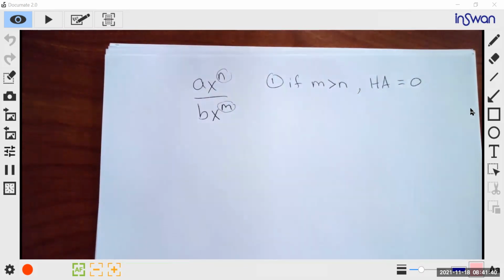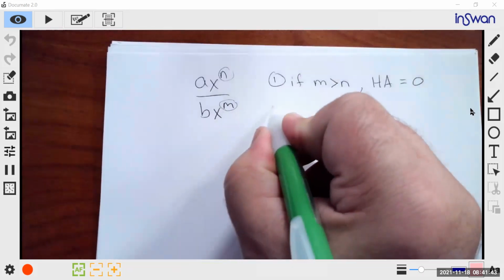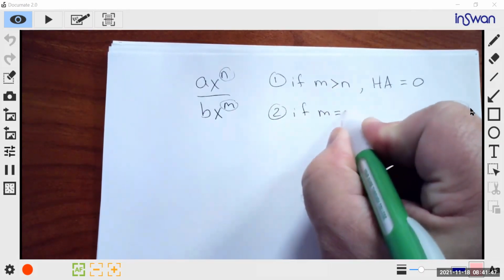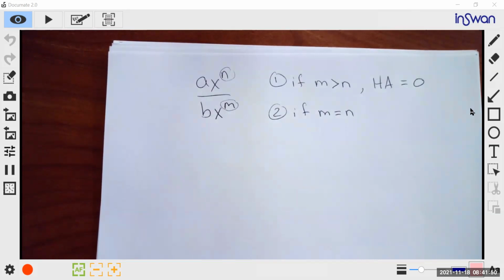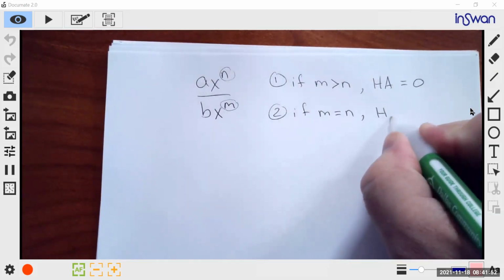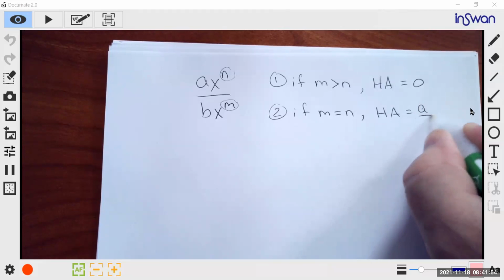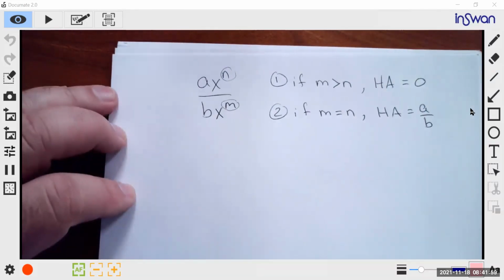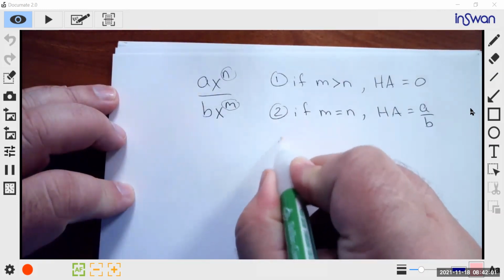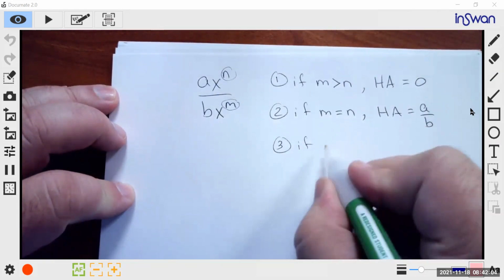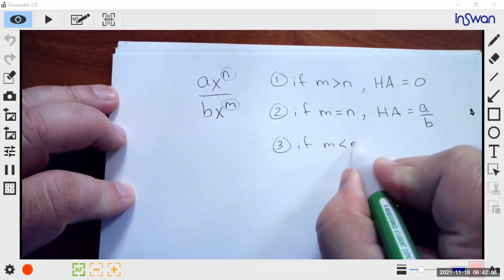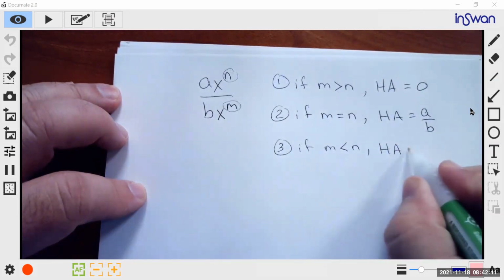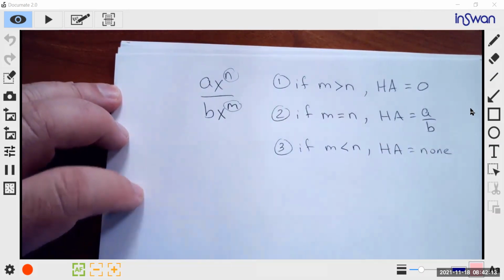Because you have more x's on the bottom. If they equal, then your horizontal asymptote is simply the coefficients because the x's cancel. And if the bottom is smaller than the top, none.